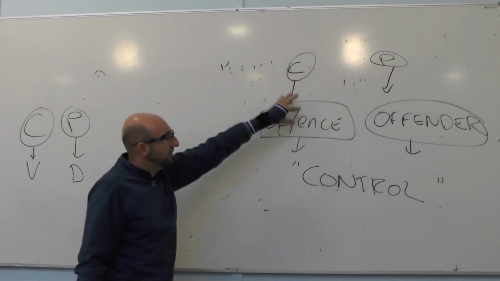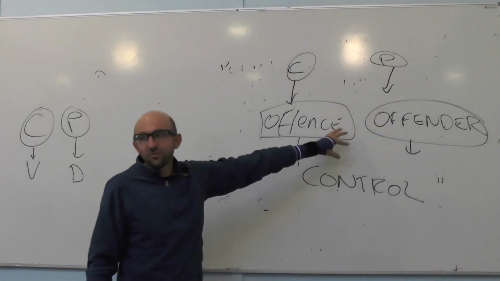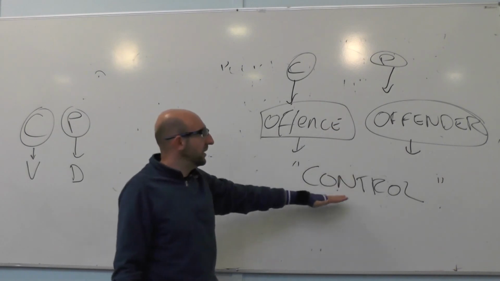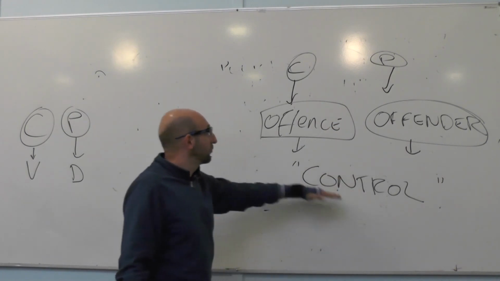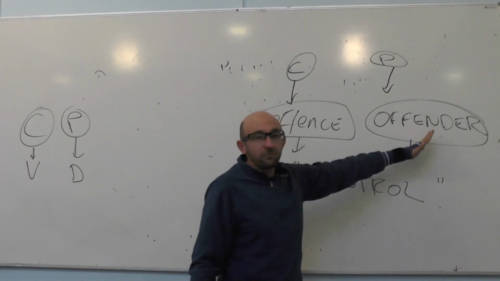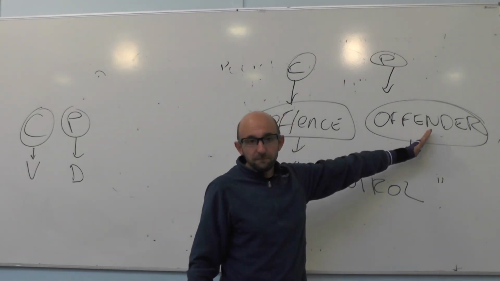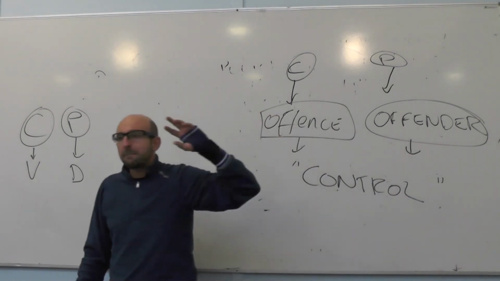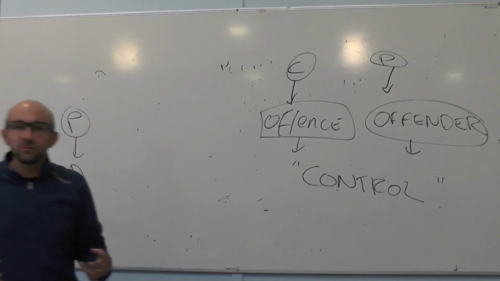Both of these approaches are correctionalist in nature. They both seek to control crime through this rational framework, or control crime through rehabilitating the offender. Now, in many ways, this is the foundation for this study.